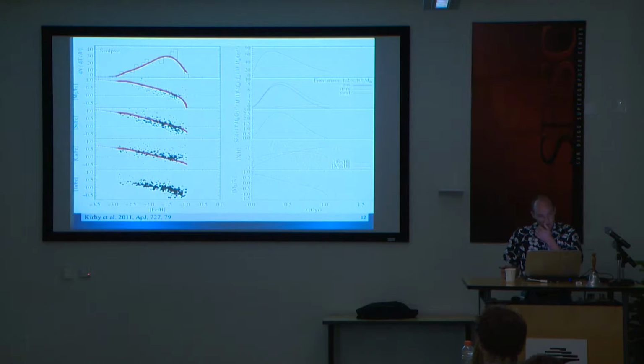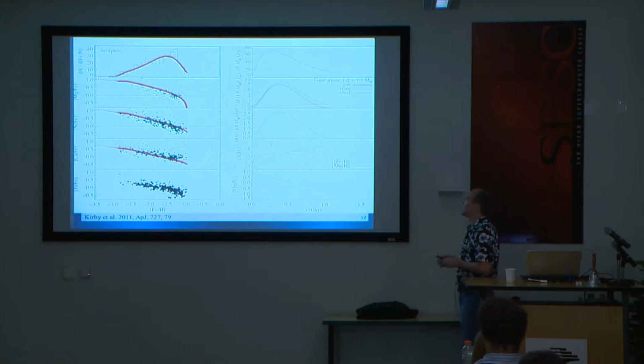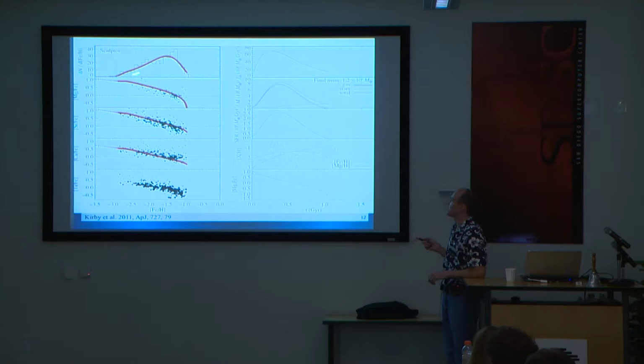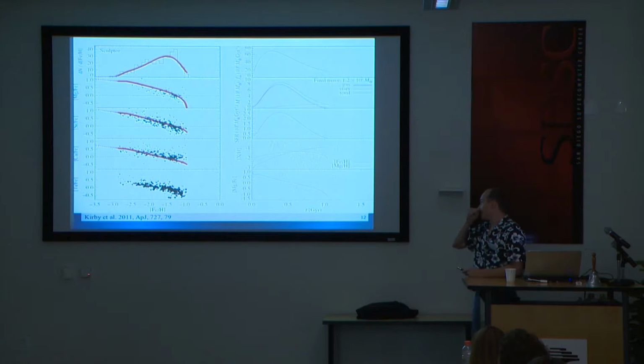And what you can do is match the observed abundance distributions, the metallicity distribution and these alpha to iron ratios, to a numerical model for the chemical evolution. And what I've done with this numerical model is tweak a bunch of parameters represented here until I could best reproduce the observed metallicity distribution and the observed decline of the magnesium to iron ratio as a function of metallicity.